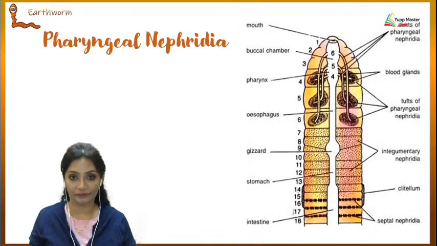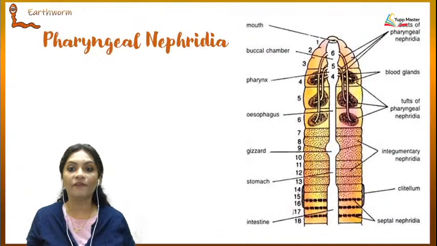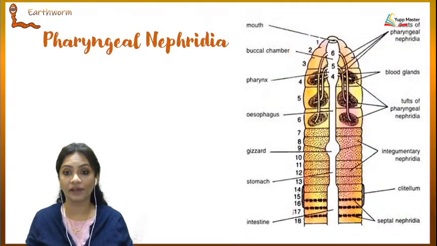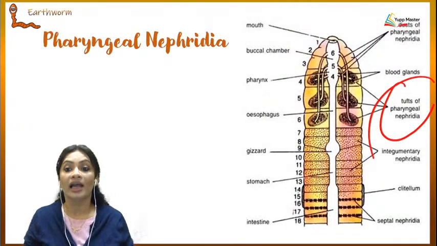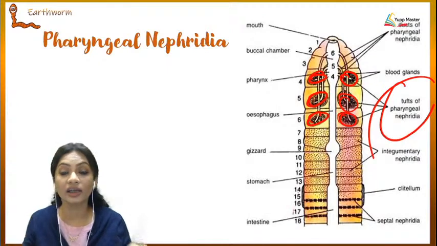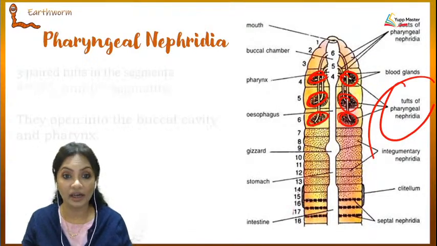The third type of nephridia is called the pharyngeal nephridia. Look at our diagram, at where they have located the pharyngeal nephridia. It's written, these are tufts of pharyngeal nephridia. Where are they located?